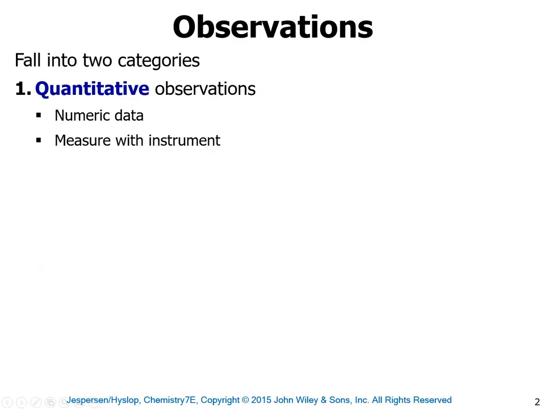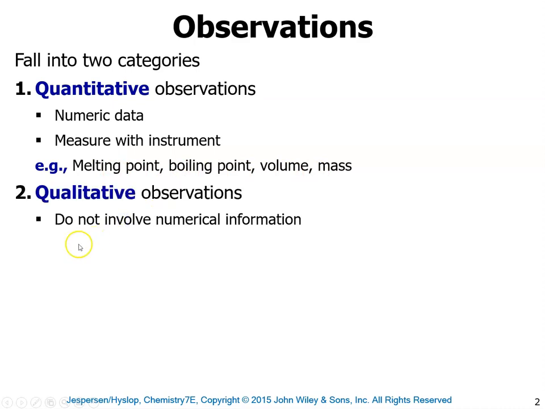We have quantitative observations, and quantity is part of this word, quant, and that means that we're measuring numeric data. So there's a number involved, and there's a measurement usually using some type of instrument. So we're going to use a thermometer or a scale or a ruler, for example. And these are some common examples of a quantitative measurement.